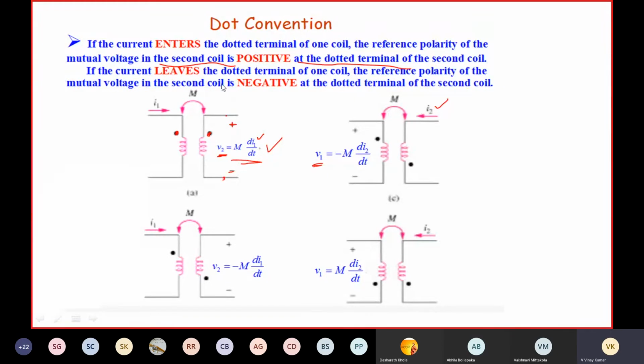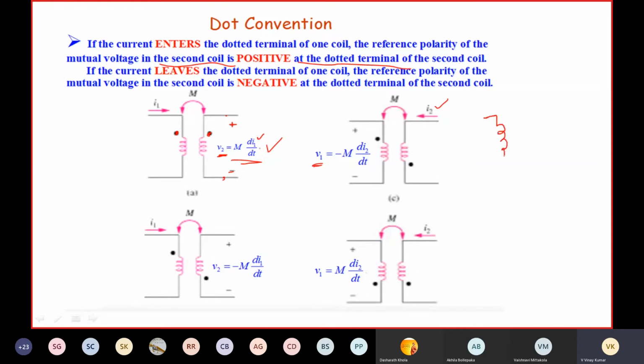If the current leaves the dotted terminal of one coil, the reference polarity of the mutual voltage in the second coil is negative at the dotted terminal of the second coil. So if current is leaving, the mutual induced EMF will be negative at the dotted terminal. So this will be negative.